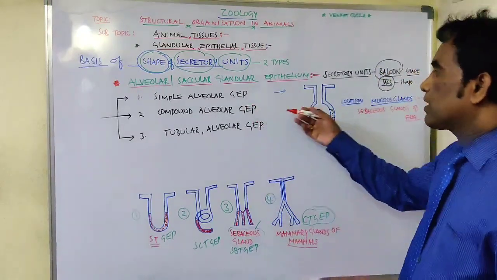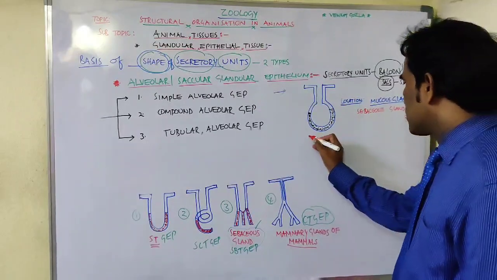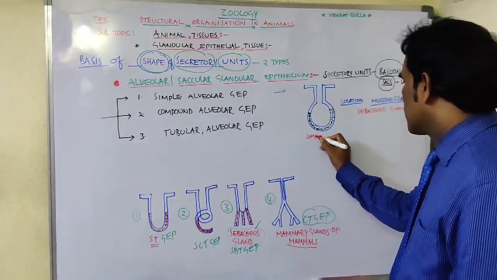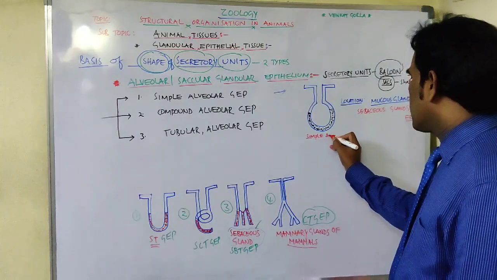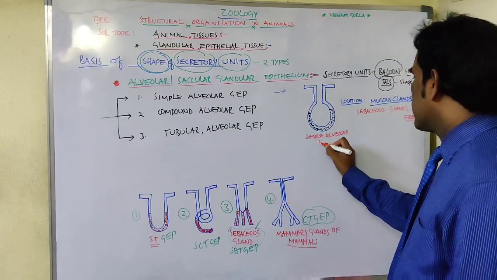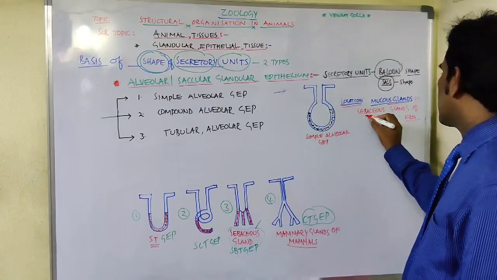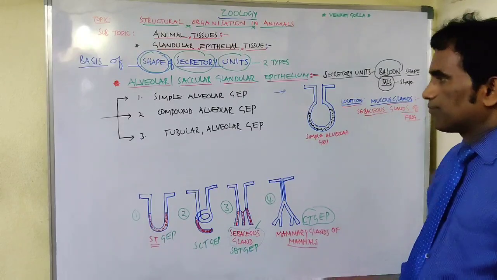So this is simple alveolar glandular epithelium. The location is mucus glands and sebaceous glands of frog.